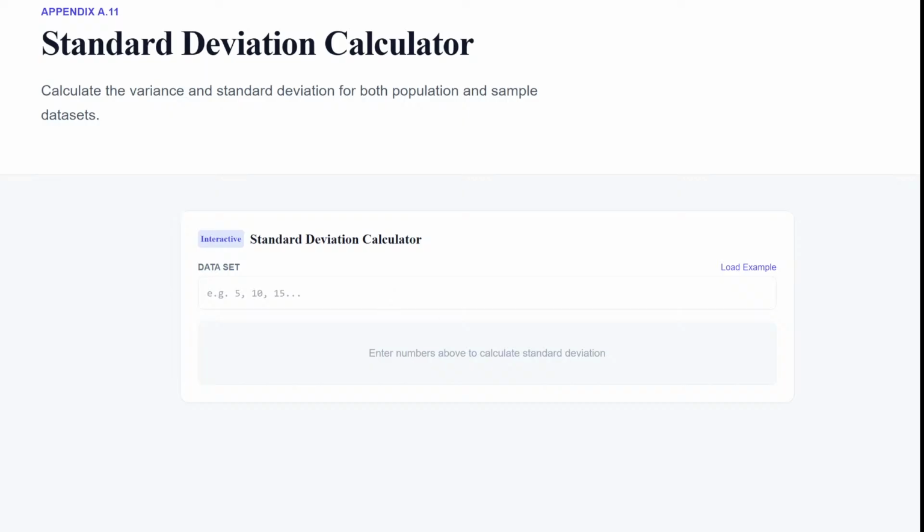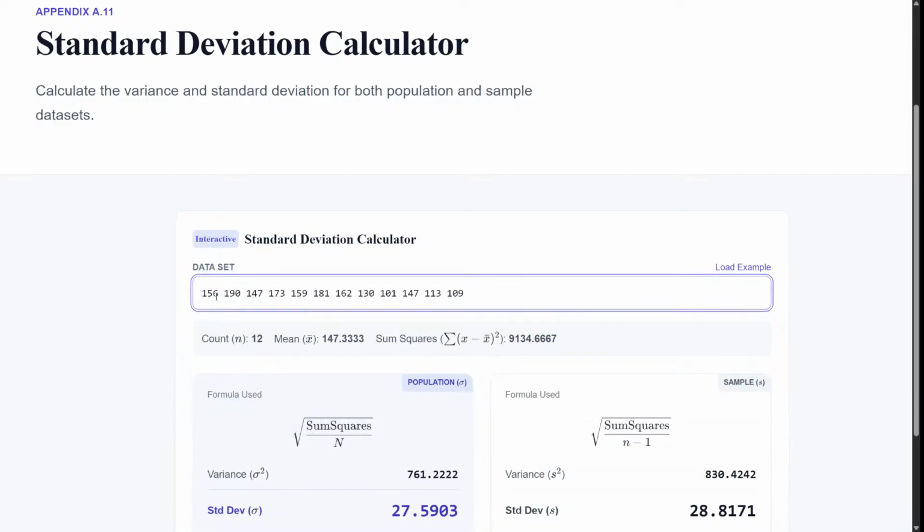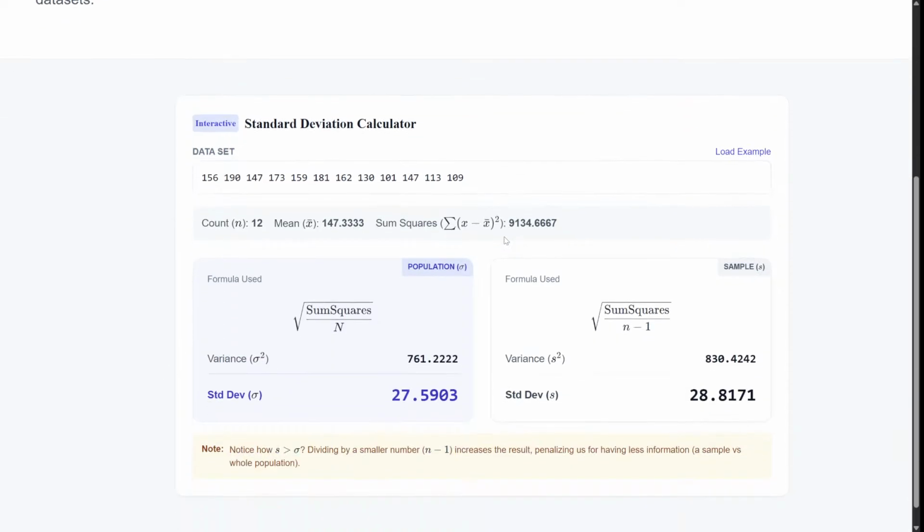I'm going to see if I can copy and paste these. My mean was 147.3, and my standard deviation, since this is a sample, is 28.8.